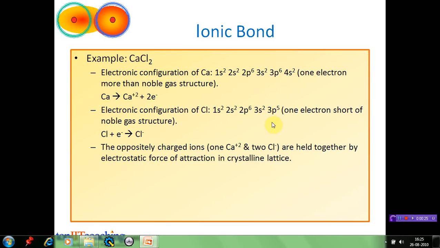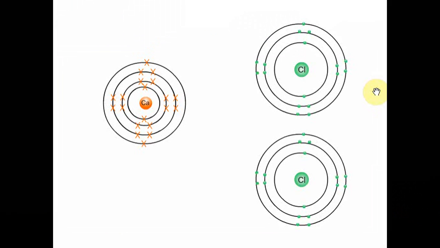Whereas the chlorine atom, as we have already discussed, is 1 electron short of the noble gas structure. So the calcium atom loses its 2 electrons, and each of the 2 chlorine atoms accepts 1 electron to form 2 chloride ions. Now these oppositely charged ions, that is 1 bivalent calcium ion and 2 chloride ions, are held together by electrostatic force of attraction in a crystalline lattice.